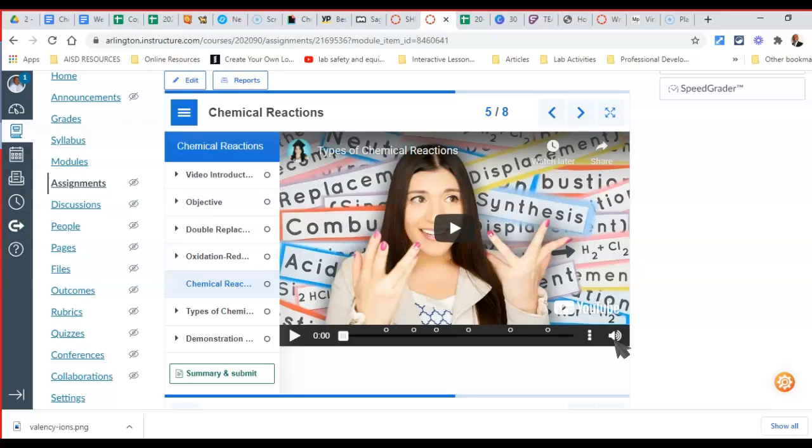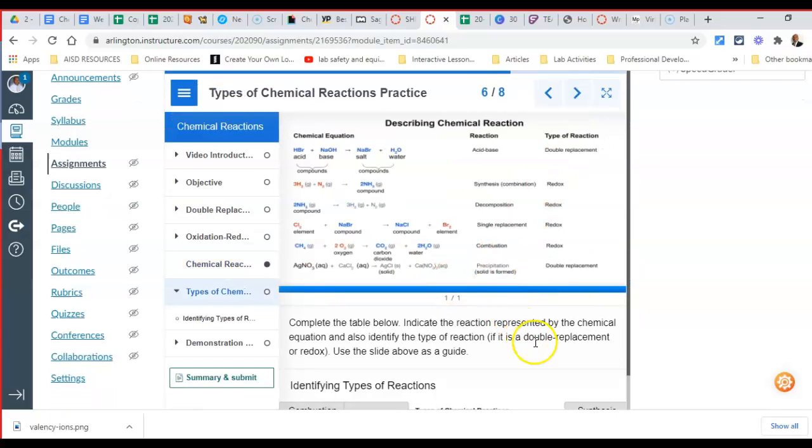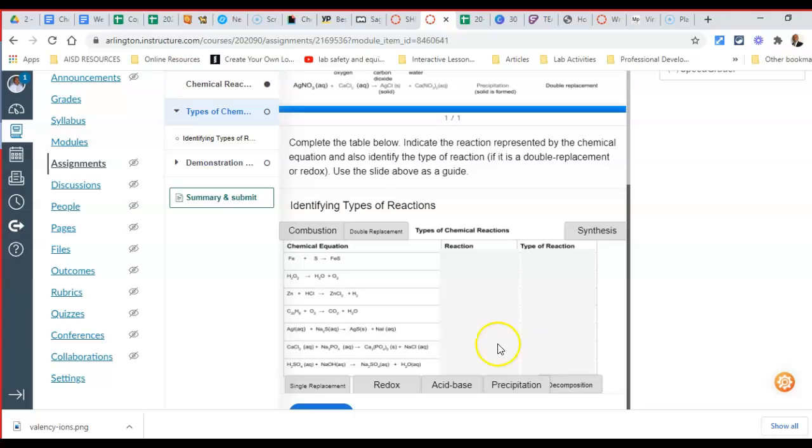And those 6, knowing that 2 of them, acid base and precipitation reactions, are referred to as double replacement reaction.